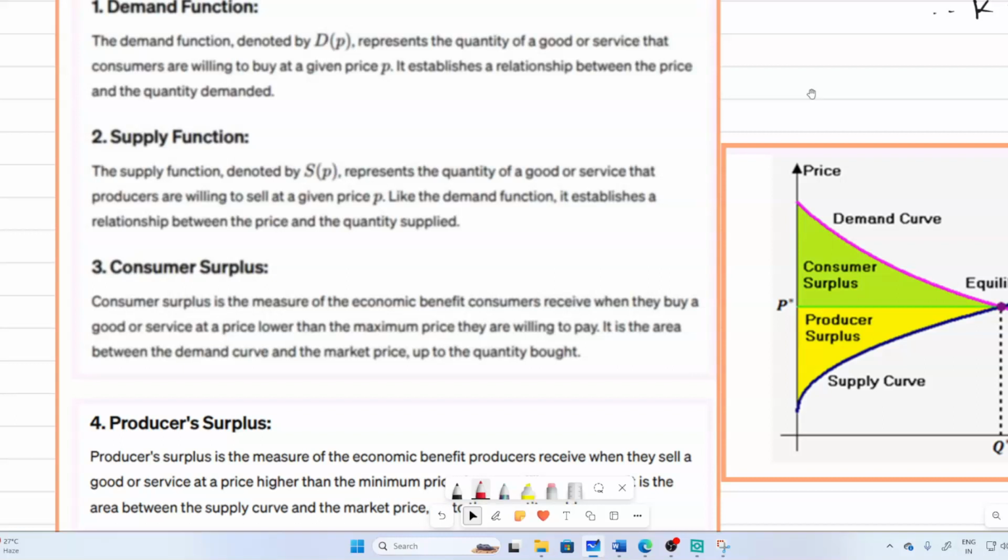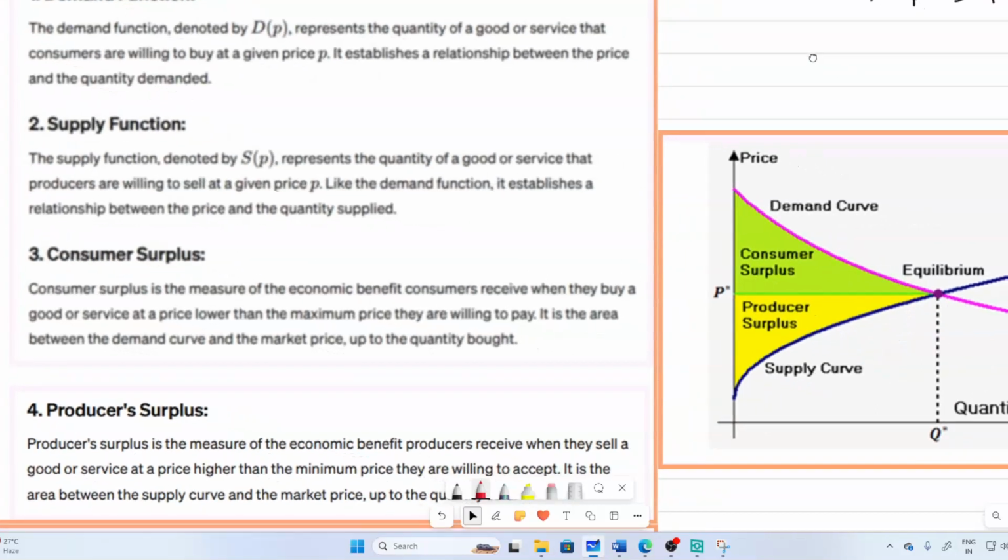In the problem, the demand curve, the supply curve and the equilibrium will be given, and both of them are functions of quantity and price. Price is taken along the y-axis, quantity along the x-axis.